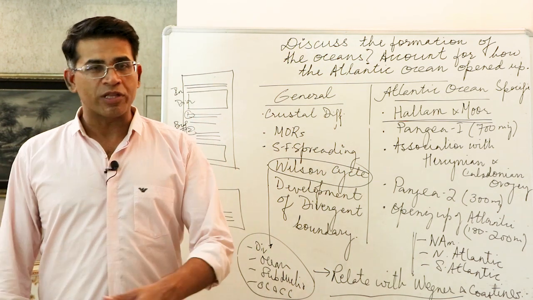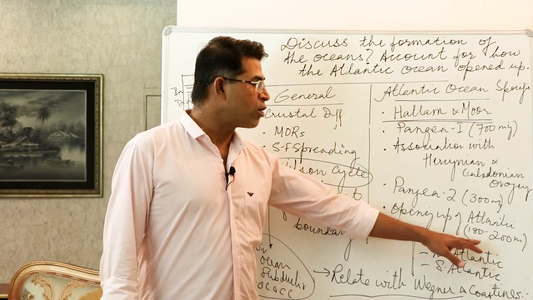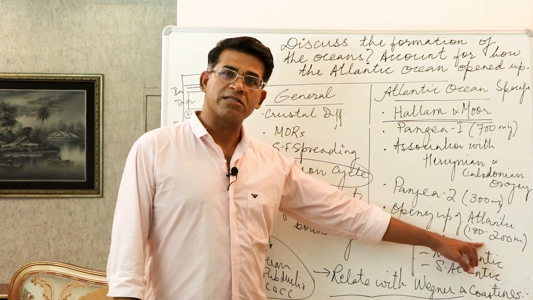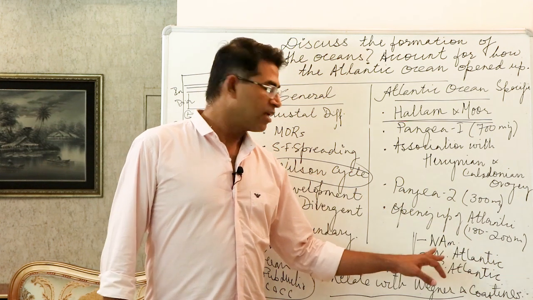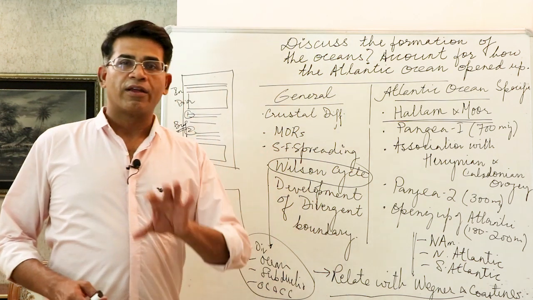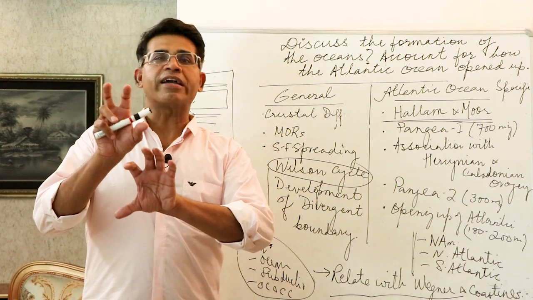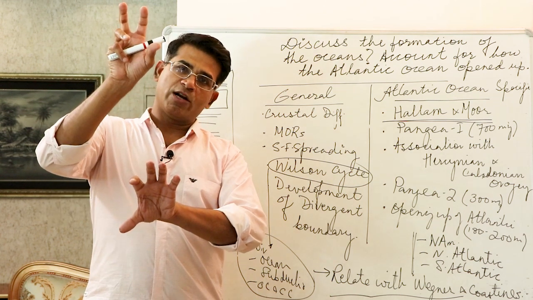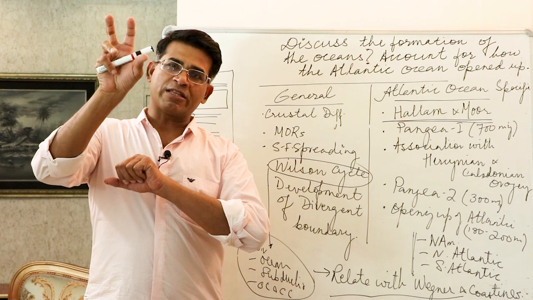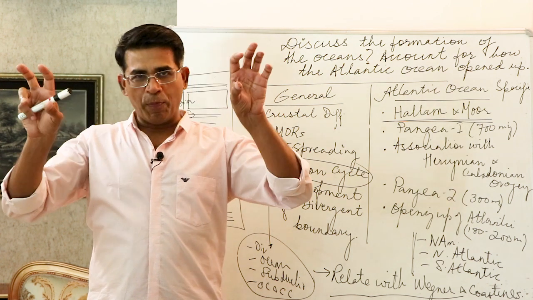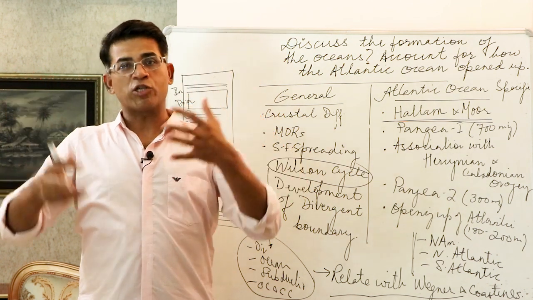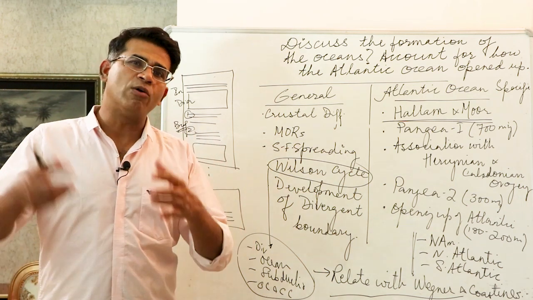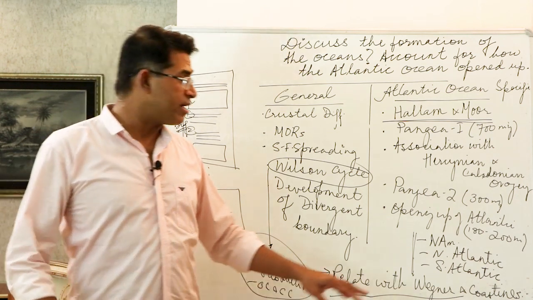The Atlantic Ocean that we have today started opening up around the Jurassic times, around 200 million years ago. Over the years, first Africa separated from Eurasia and North America, and then North America and Eurasia opened up, forming the North Atlantic and the Labrador Sea around 100 to 80 million years ago.